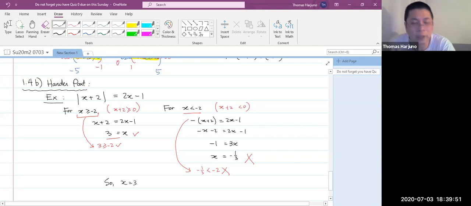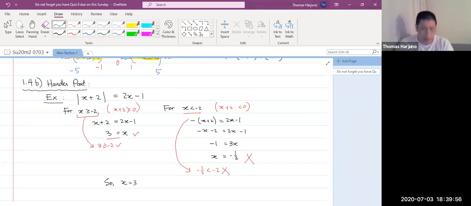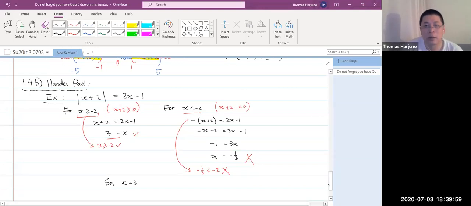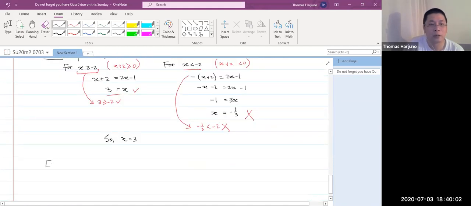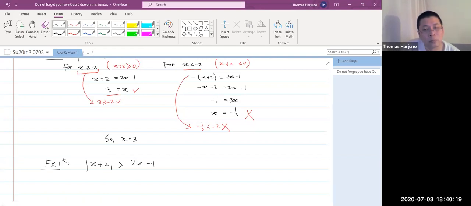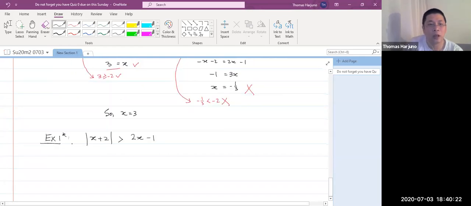Now that's what we did yesterday. What we will do today is apply the same idea. Suppose I have, example 1 star, absolute of x plus 2 greater than 2x minus 1. Then we break it up like this. For x greater than or equal to negative 2, again, that's when x plus 2 is positive.